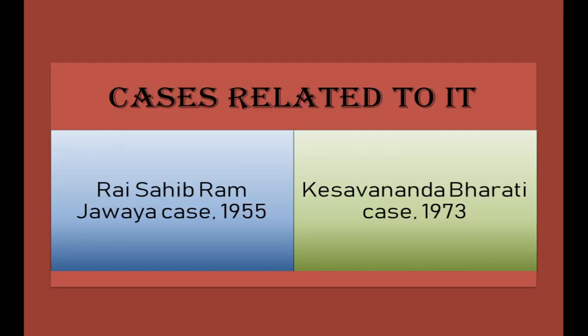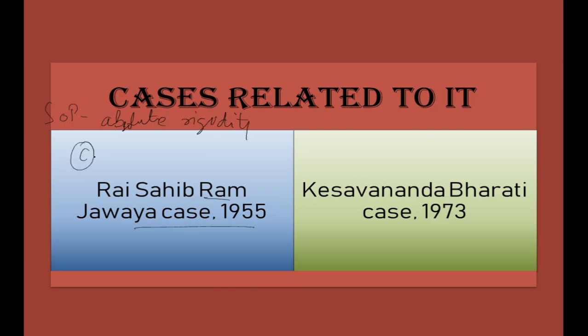Now finally, we will discuss two cases related to separation of power in India. The first one is the Ram Jawaya case. You need not know the case name. Just remember this one line that the Supreme Court said. It said that separation of power in India is not of absolute rigidity.